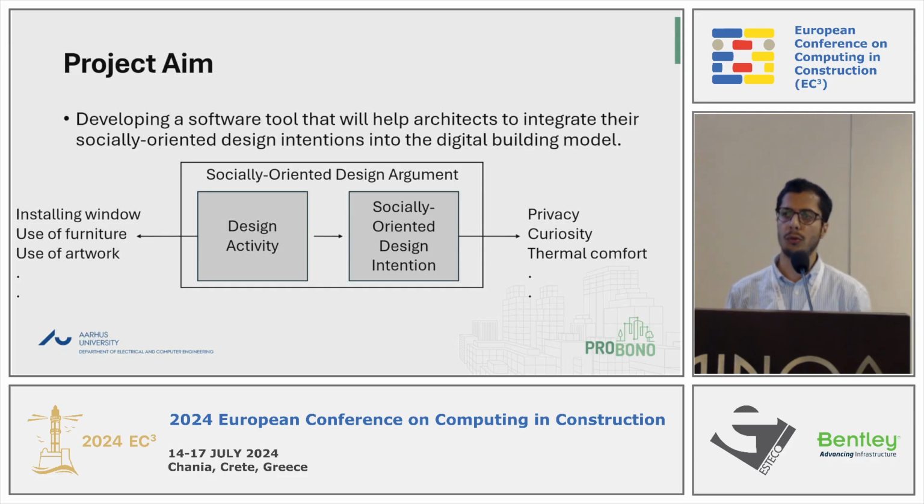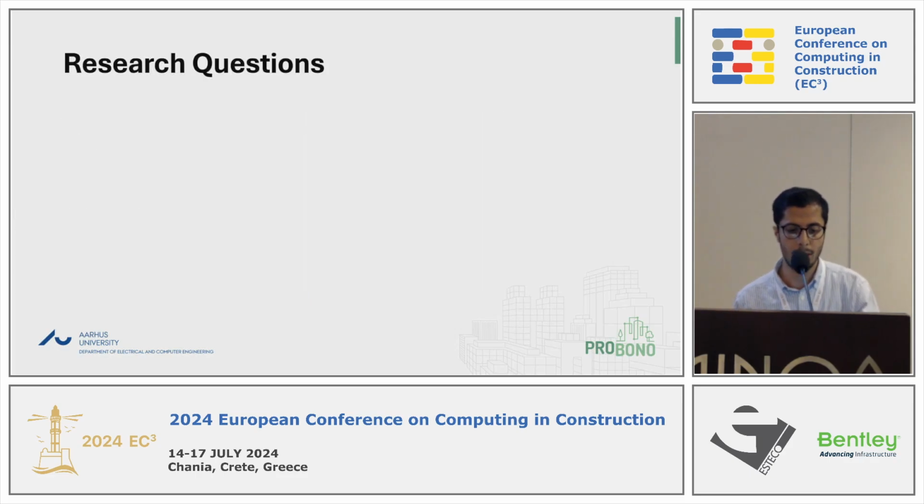So we might install curtains to improve the sense of privacy. We might install pieces of artwork to improve the sense of curiosity, radiators for thermal comfort, and so on. So we both need that it is a design activity, it is a physical architectural element, and it is at the same time affecting a specific social criteria.